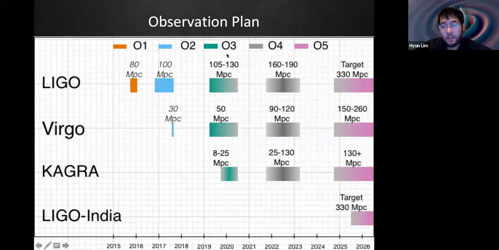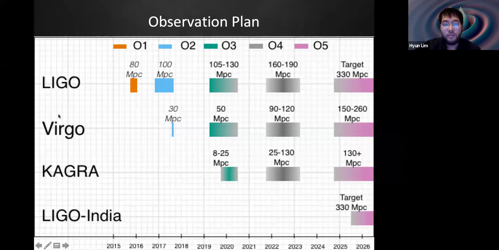Now we get to the phase called O3, which I will mostly concentrate on. O3 was planned from April 1st, 2019 through April 30th, 2020, but O3 was terminated earlier, around March 27th, due to the COVID pandemic.